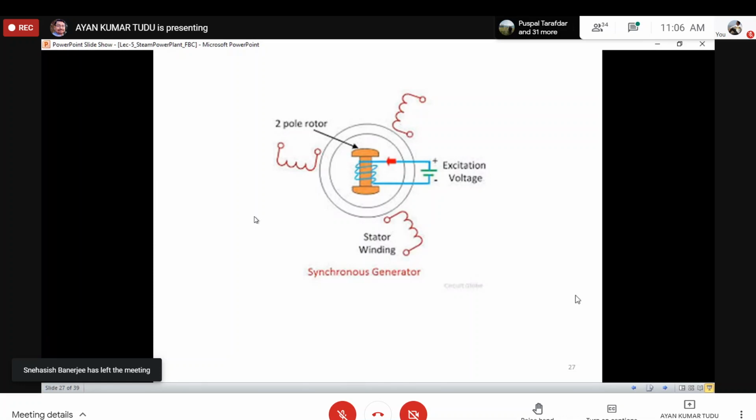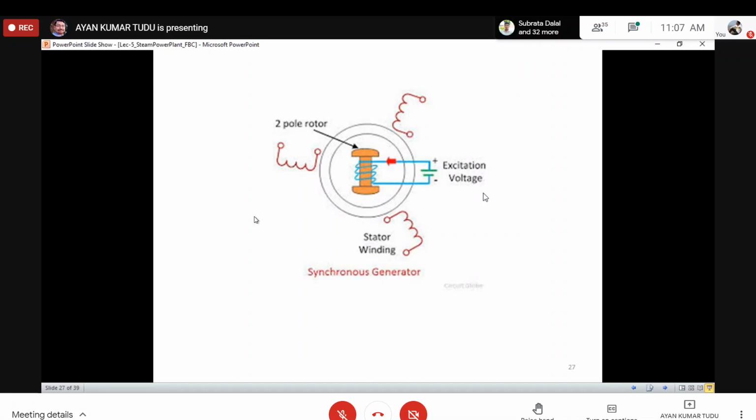That's where the function of our transformers comes in, boosting the voltage from 11 kV to around 132 kV, or whatever be the case, depending upon the type of transmission line we are using. Please remember that this rotor is where the field circuit is. Here we have the excitation voltage, which is nothing but the exciter that we are talking about.